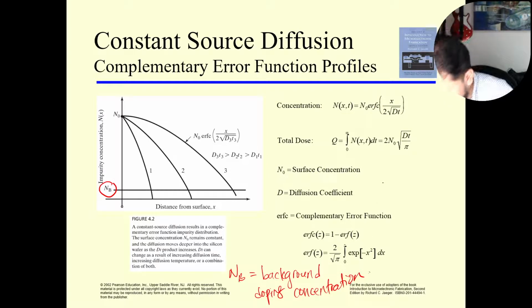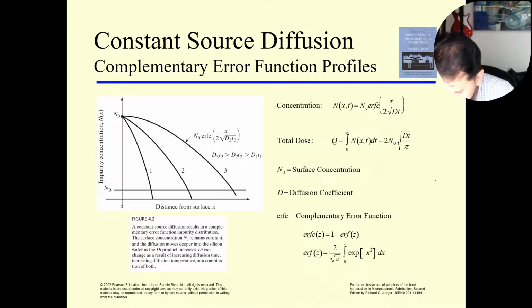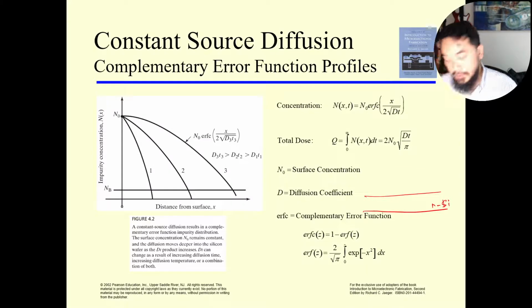For example, let's say you have a wafer, and your wafer is already n-type silicon. It's already doped during the synthesis process with some impurity to make it n-type. What you want is to create a shallow junction like this, which is p-type silicon.